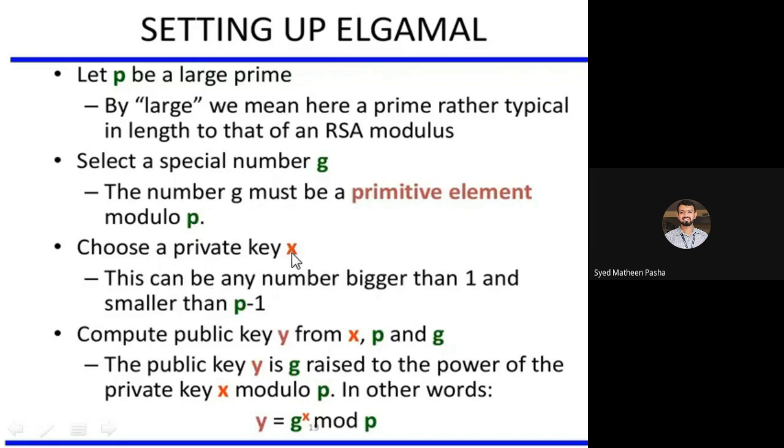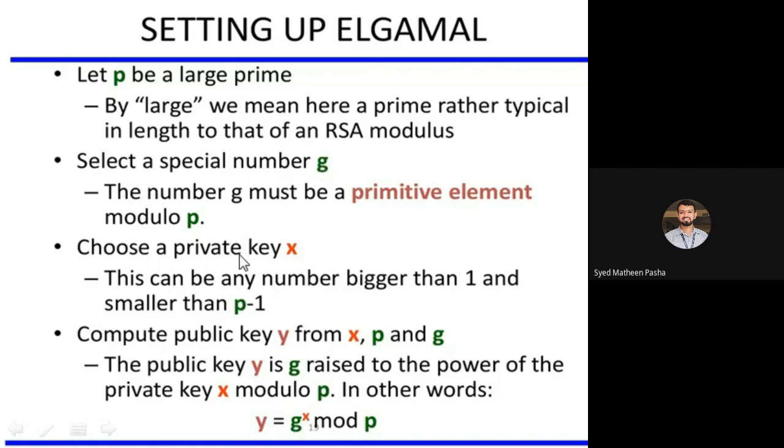Now you know X. Compute the public key Y from X, P and G. You know three values, so I can calculate any other value with respect to these three values. Now, how to calculate that? ElGamal has given a formula. Y is equal to G power X mod P. G is nothing but the special number you have assumed here.